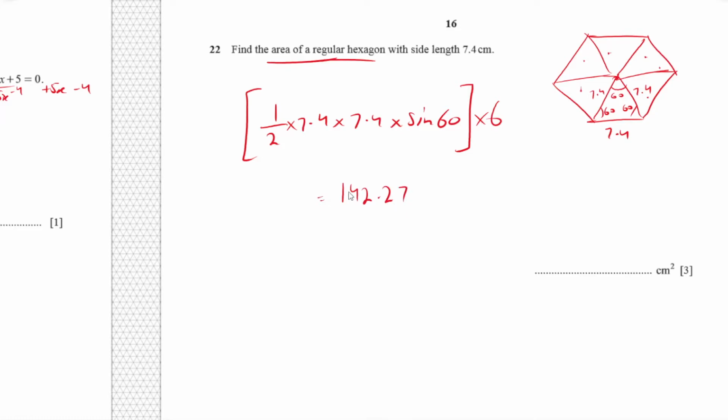I advise you to first solve this, show the number, multiply by 6, and then give the final answer. So in this case, the final answer is going to be 142. That's enough. 3 significant figures, right?